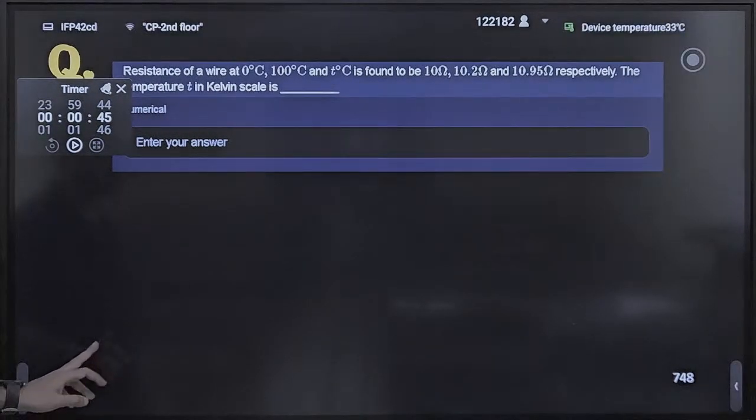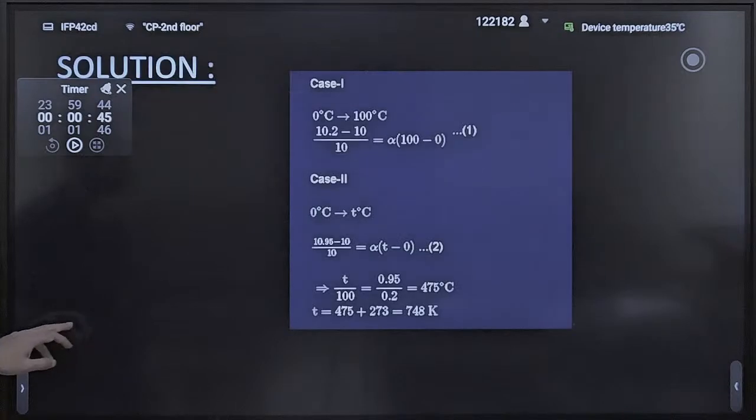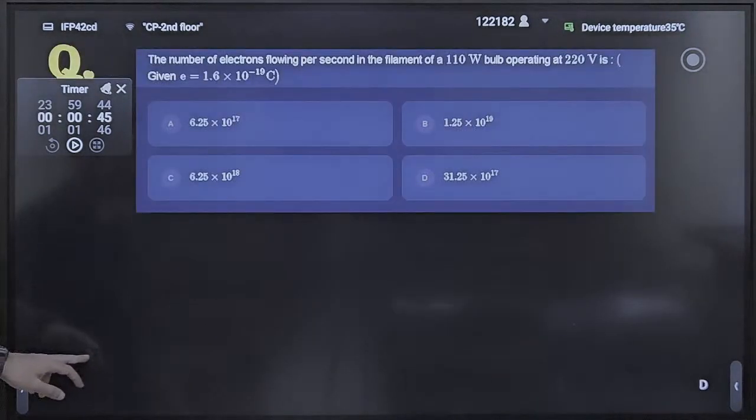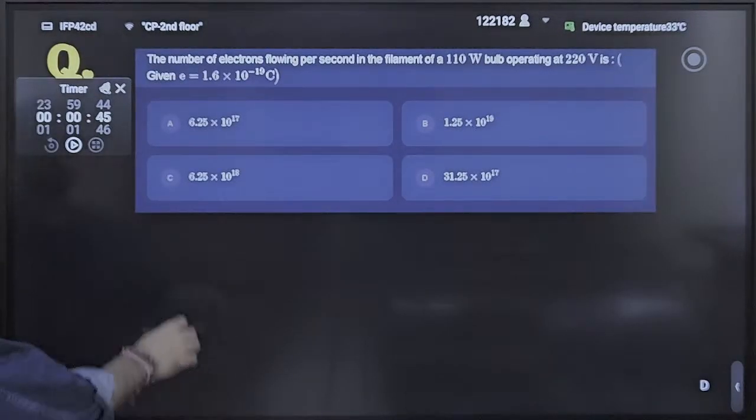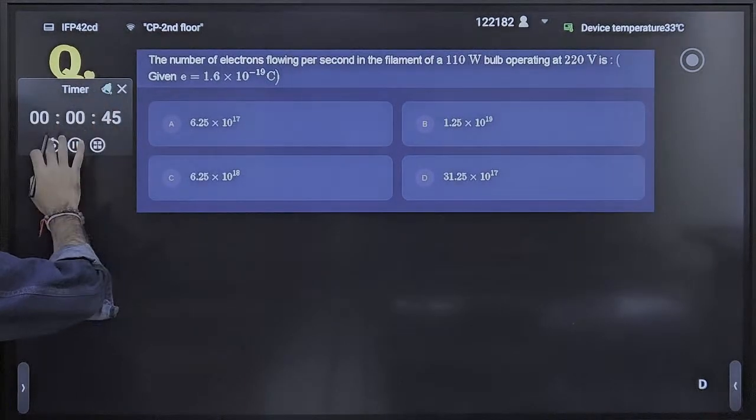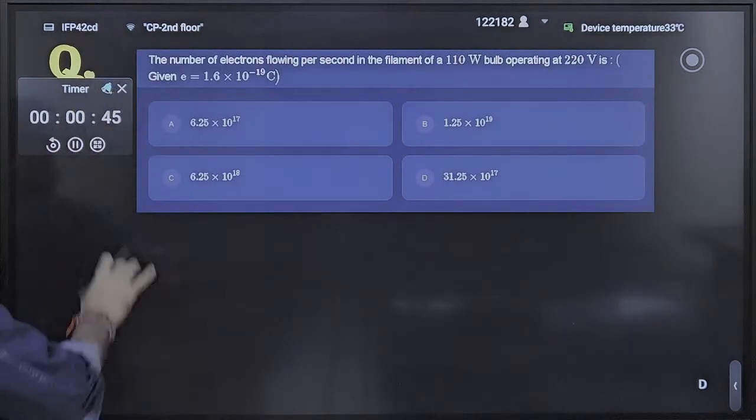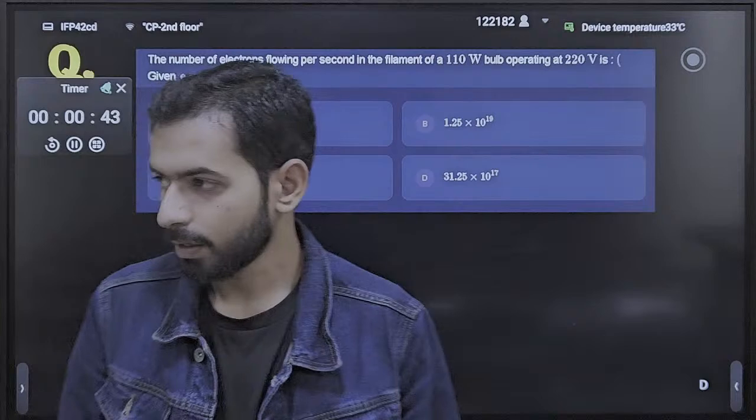So that alpha term will also get cancelled and you can solve it easily. Solve this question. Basic question.